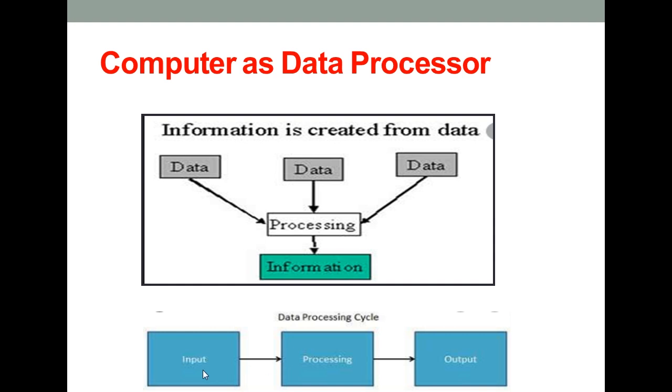So input, processing, and then output. This is one of the main data processing cycles of a computer. First the computer requires some kind of input, then after processing the desired output will come, and it will be known as information.